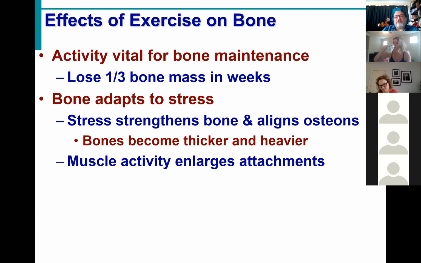However, one of the concerns that we have is that as you put stress on the bone, as we mentioned, it aligns the osteons. So people will have a soft tissue injury. They will tear a muscle, or pull a ligament, and it changes their gait and their stride. Right now they're walking with a cane or something like this, and as you're walking at a new angle, that is going to misalign the osteons.